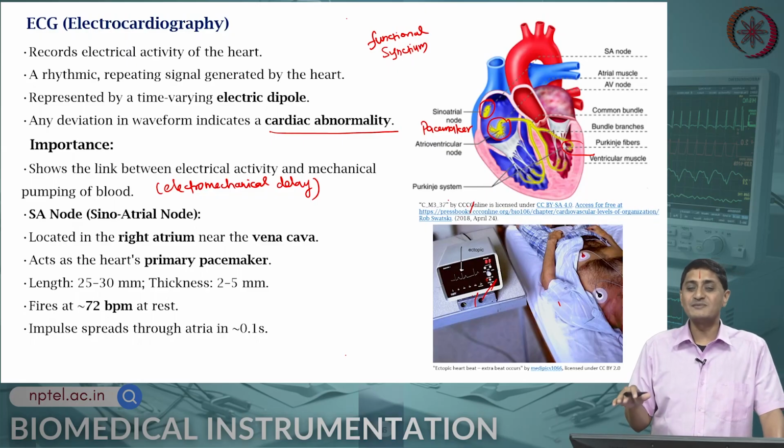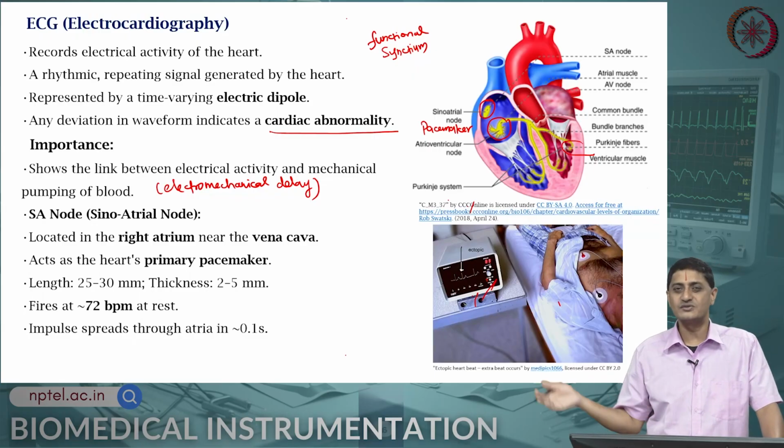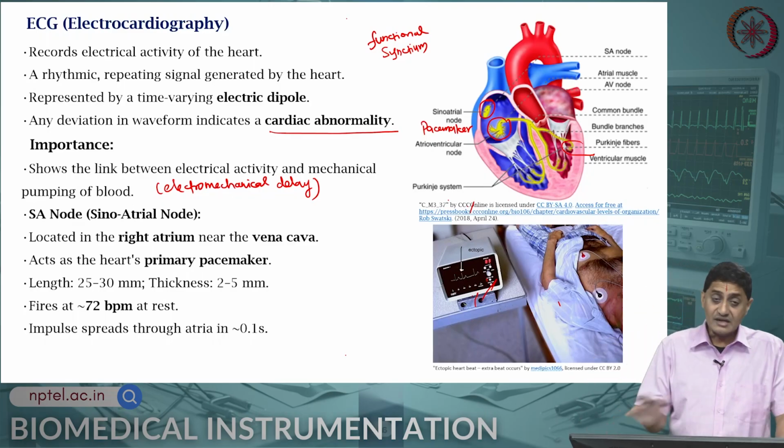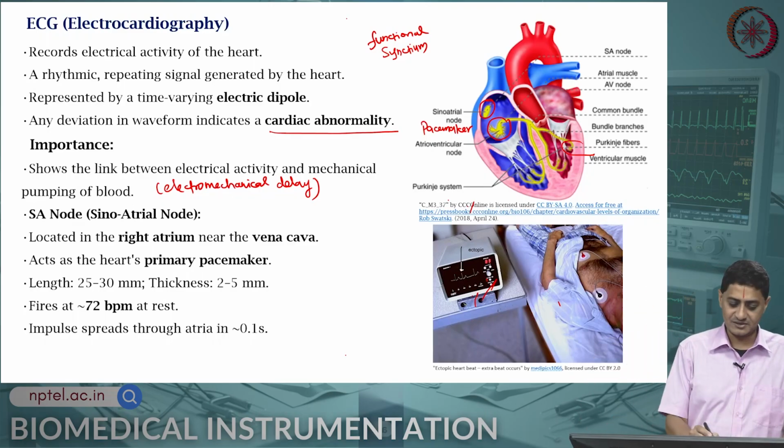The implantable pacemaker is what we keep in case the sinoatrial node fails. In future videos, in future weeks, I think in the 8th week or 9th week, we will look at pacemakers and various types of pacemakers in good detail. Right. Here we look at the natural pacemaker, which is the sinoatrial node.